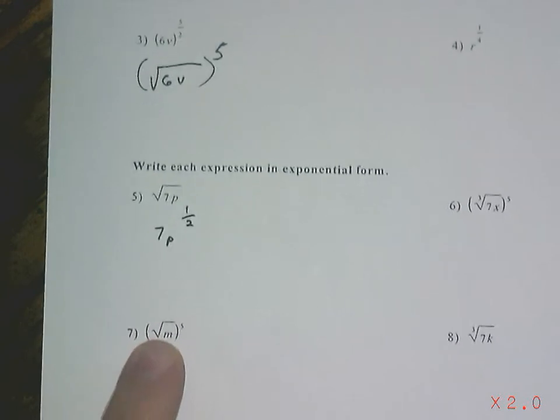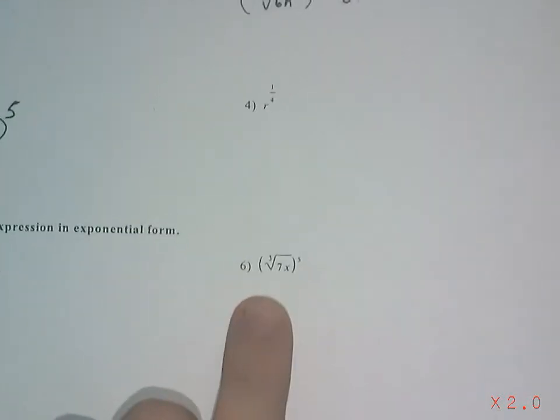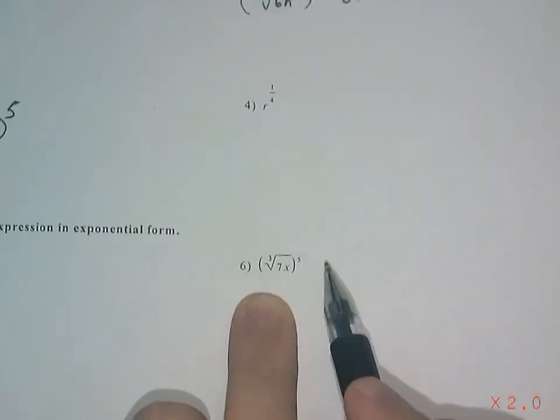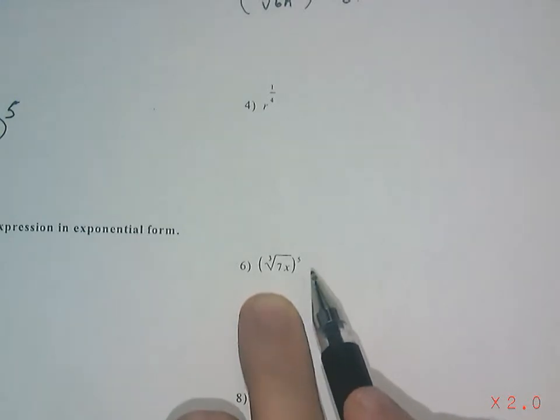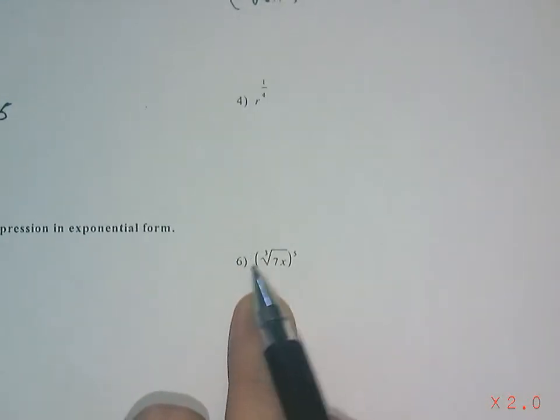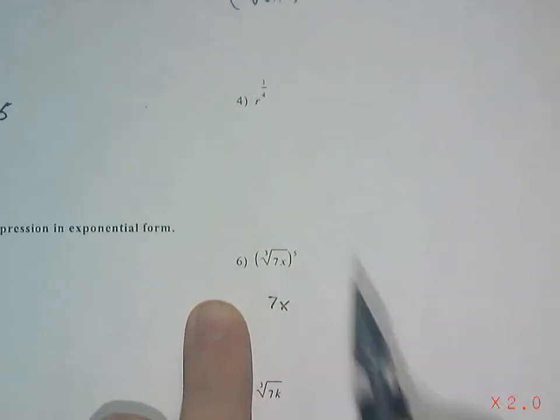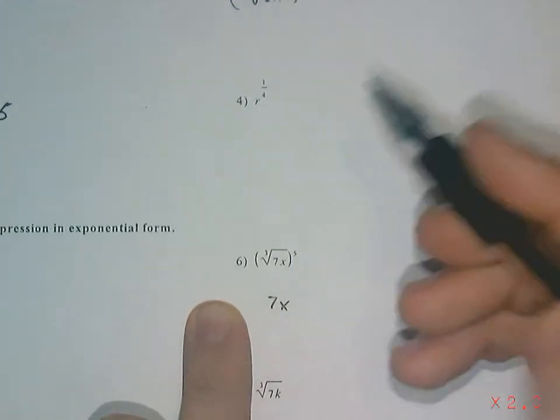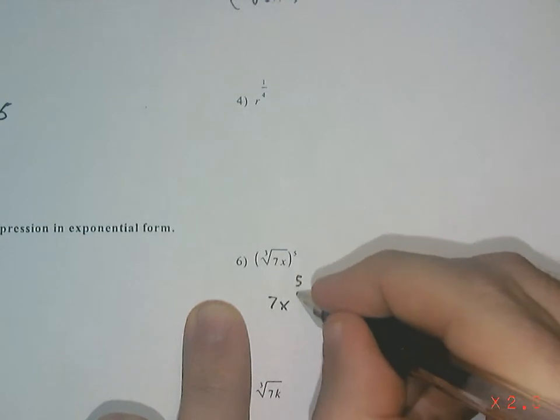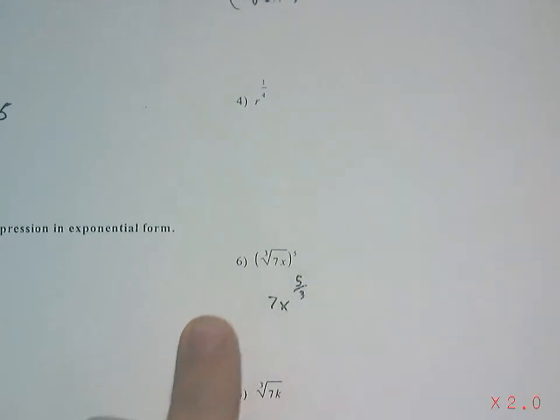And this one, well, let's look at this one over here. This one is a cube root to the 5th power. So again, to write it in exponential form, it would be 7x, exponent goes on top, so it'd be 5 over my root, which is 3. 5 over 3.